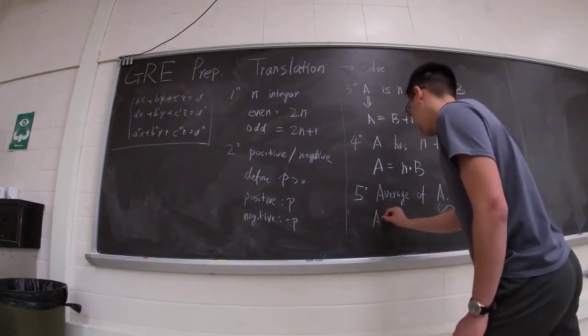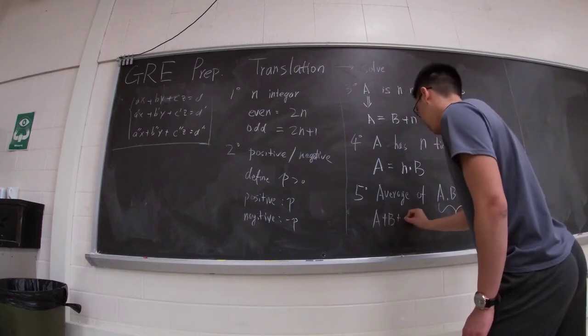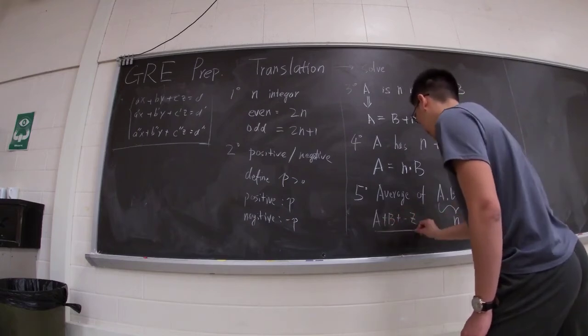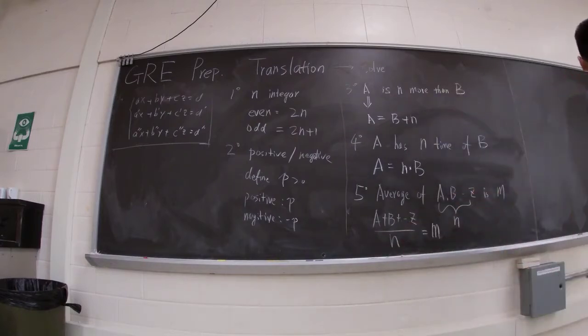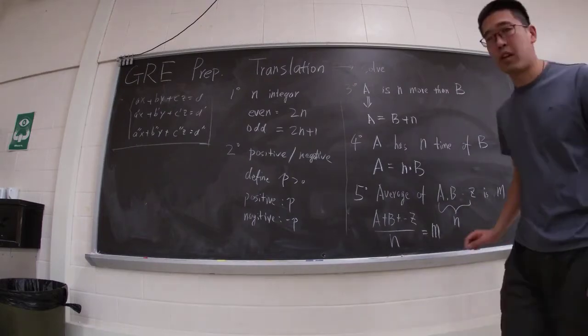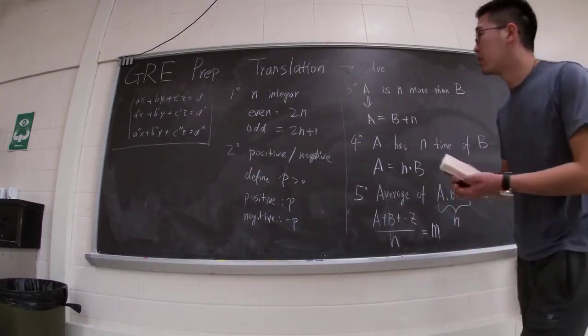Then it's a plus b plus dot dot dot z, divided by n, equals m. So if you translate those things into mathematics, it is rather simple to solve, as I can illustrate with one of the questions.